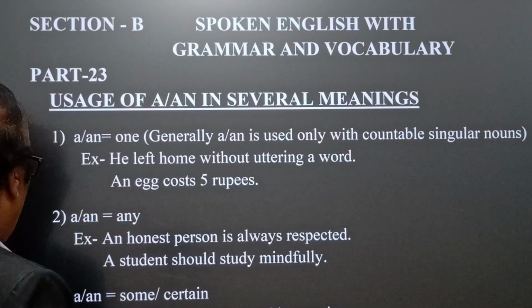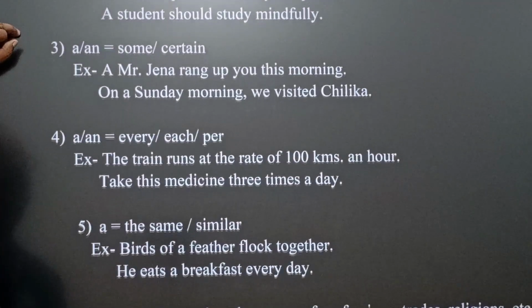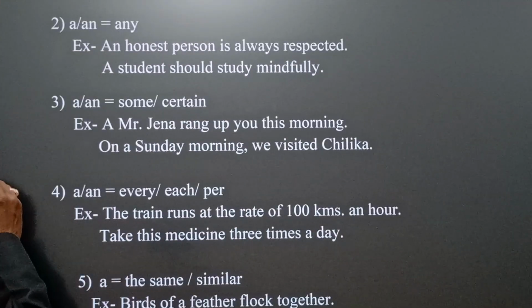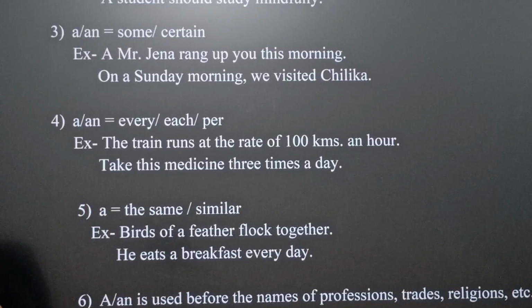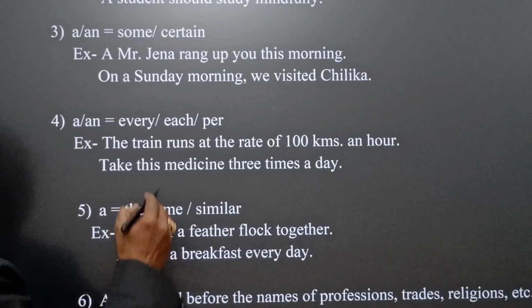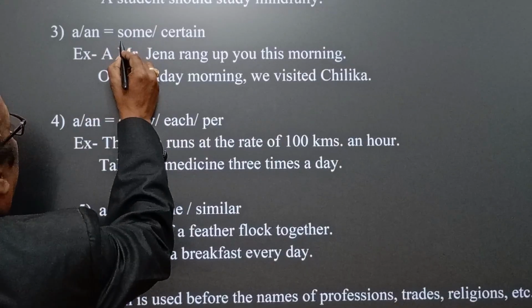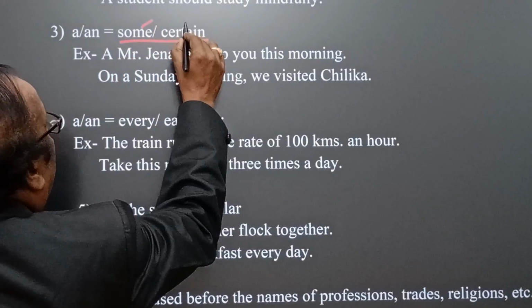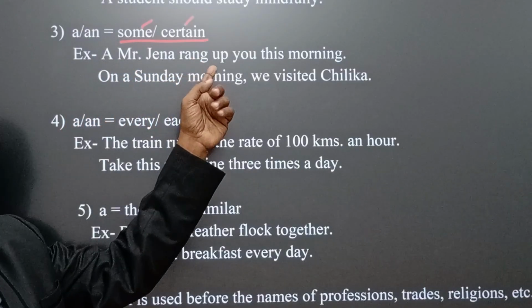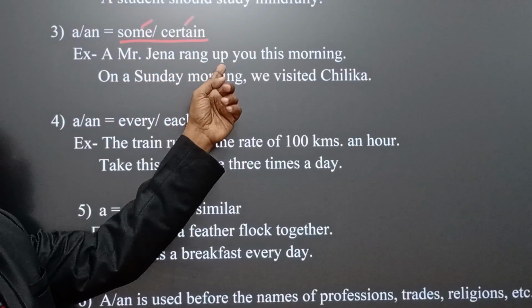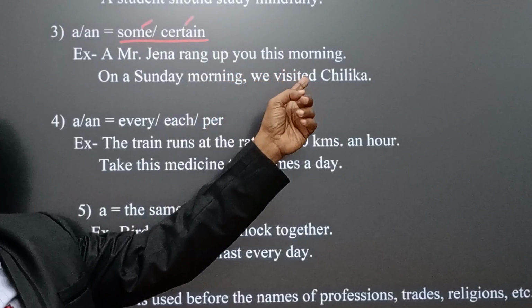Now come to point 3. Here we find the idea of how we use a or an in different meanings. You see here, a or an is used in the case of some or certain. You see, a Mr. Jena rang you up this morning.